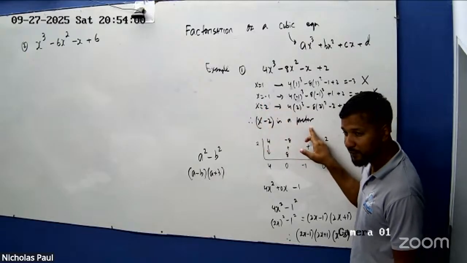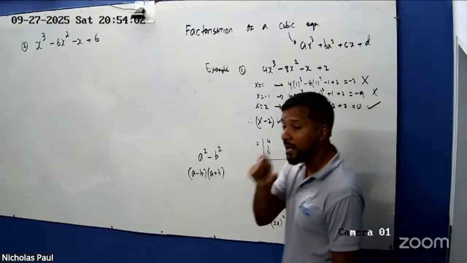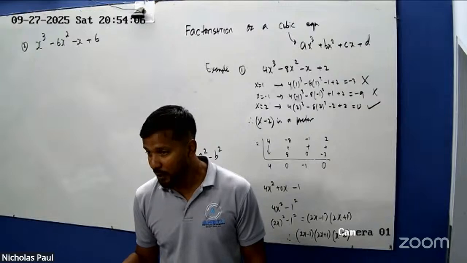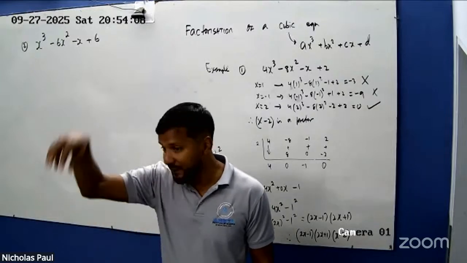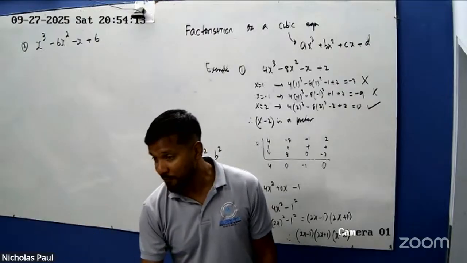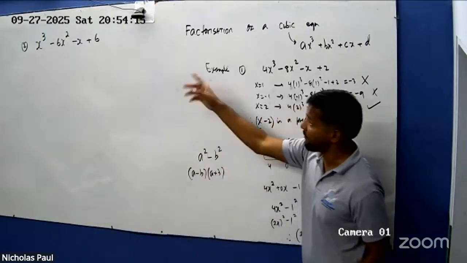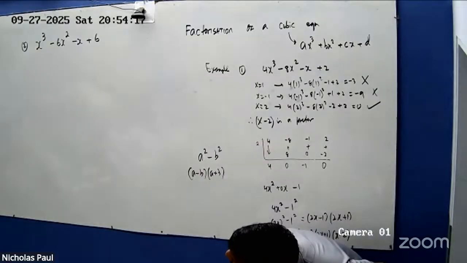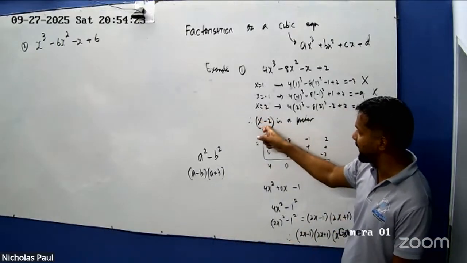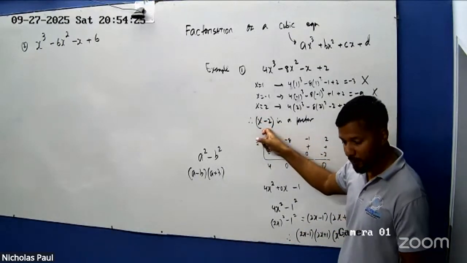In your calculator you're not factorizing, you're really solving the cubic. Those three answers, when put back into the original, will give you 0. If you divide and end up with 0, it's a factor. That's how we know this is a factor.